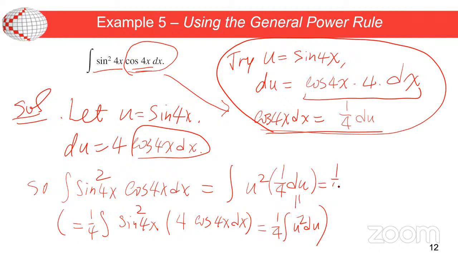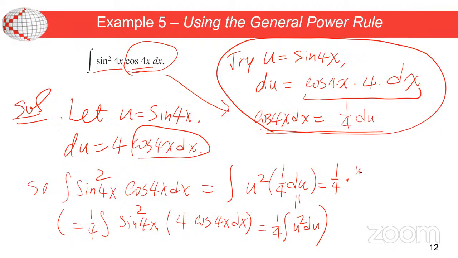So you get 1/4, that's a constant coefficient. For u squared, what's the antiderivative? How do you find it? What's the derivative of u squared? Is that 2u, right? Sorry, I tricked you. It's not 2u. It's u cubed over 3.